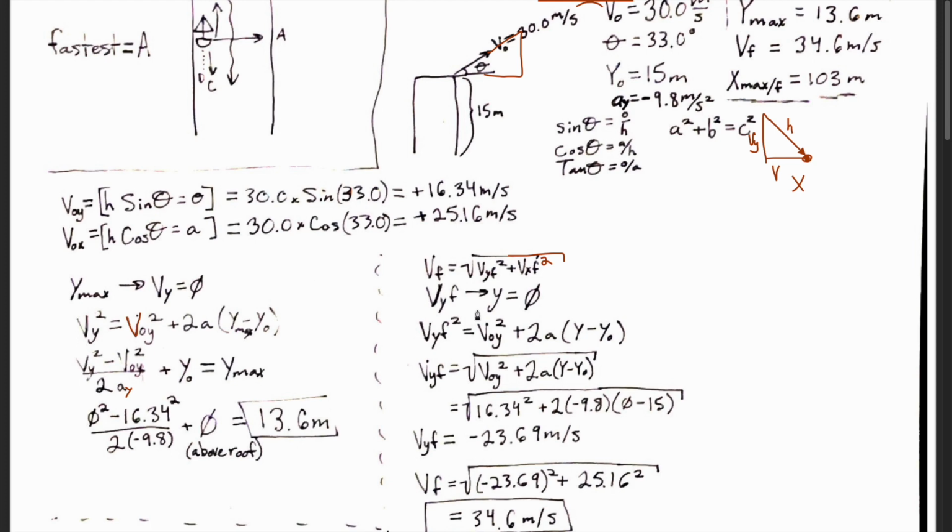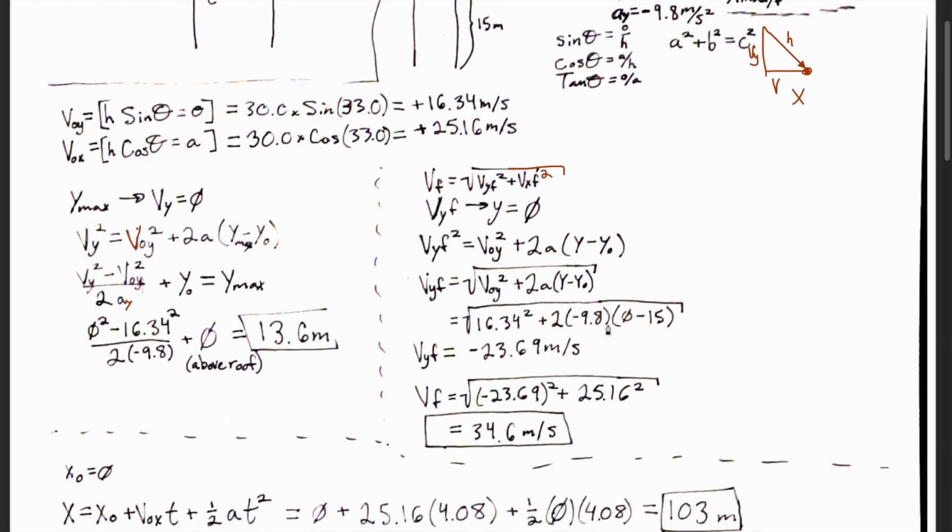First we rearrange it, which just means taking the square root of both sides, plugging in all the numbers. This is what we get. So then the velocity final is that squared plus 25.16 squared, and the square root of all of that. So that's what we get for that number.